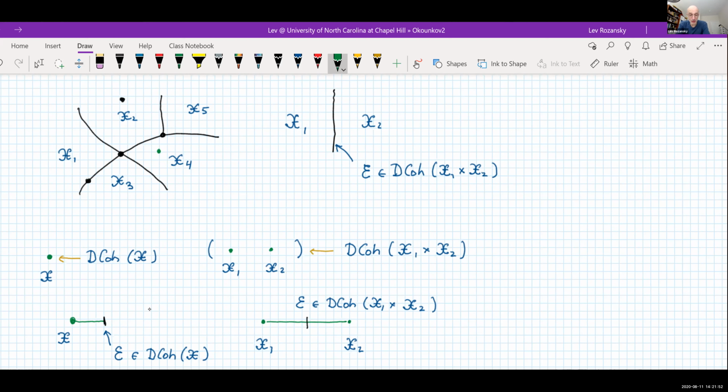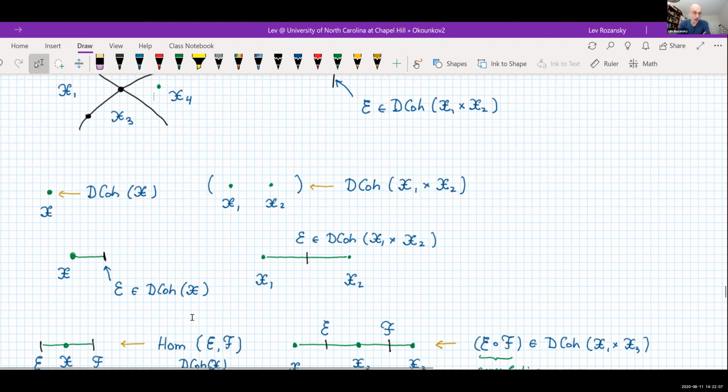If you have 2 points, maybe in different domains, or could be the same, or 2 cells, to that you associate a category of their product. Now, if you have a one-dimensional manifold whose boundary is a point, and it ends at this black mark, then this should correspond to an object in the category of X. So the black mark should be colored by a sheaf sitting on X, in accordance with the theory.